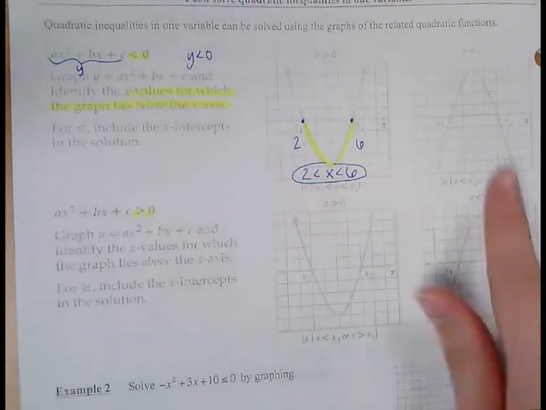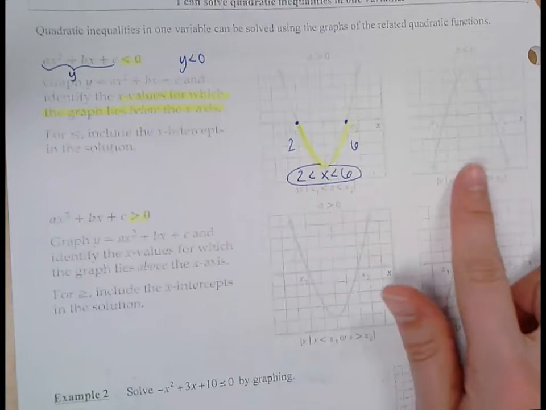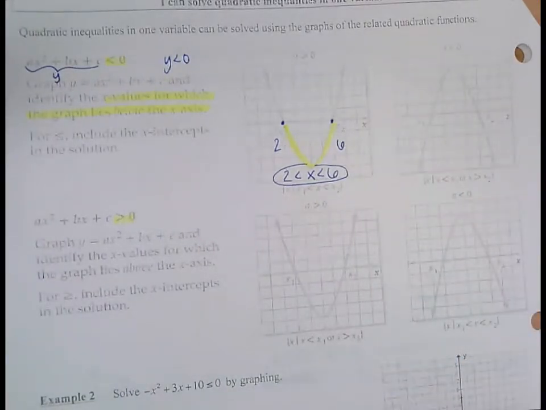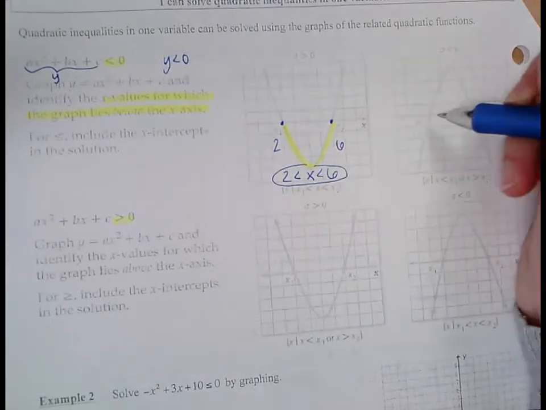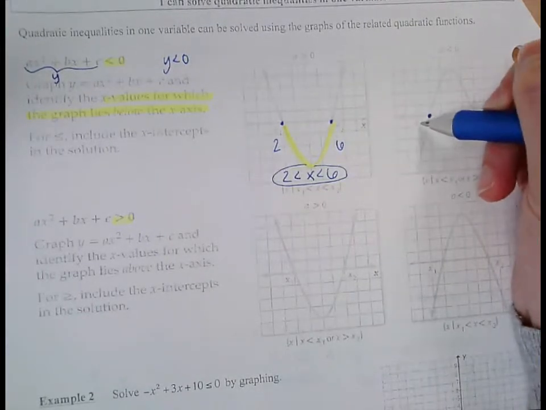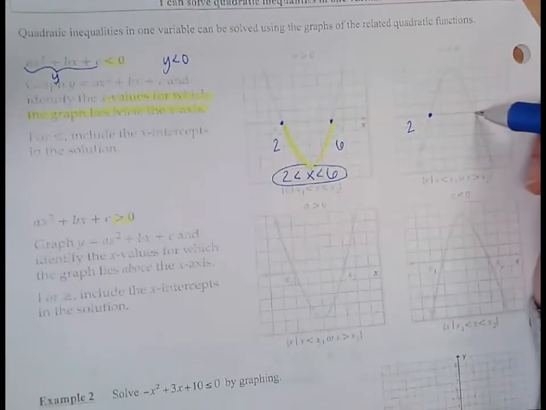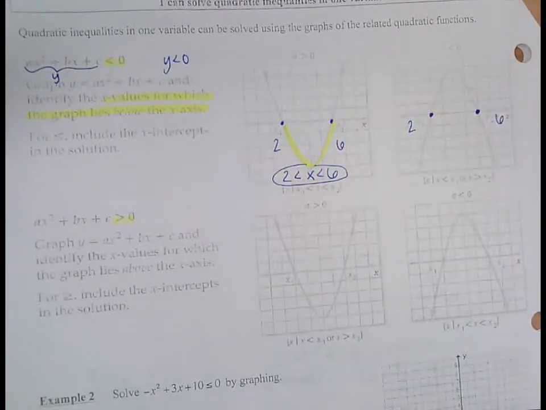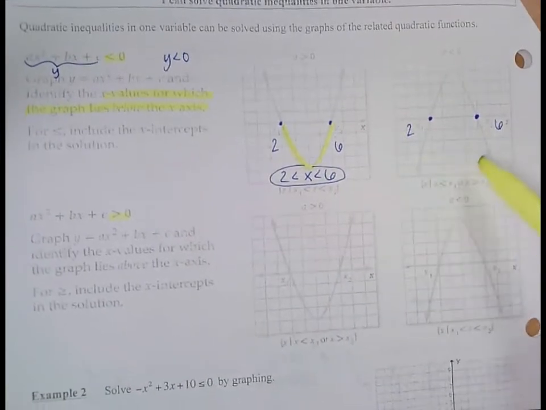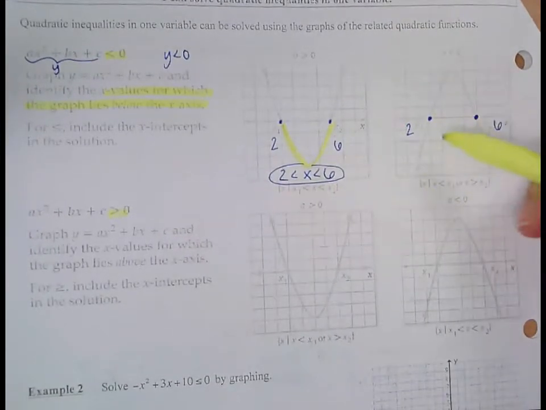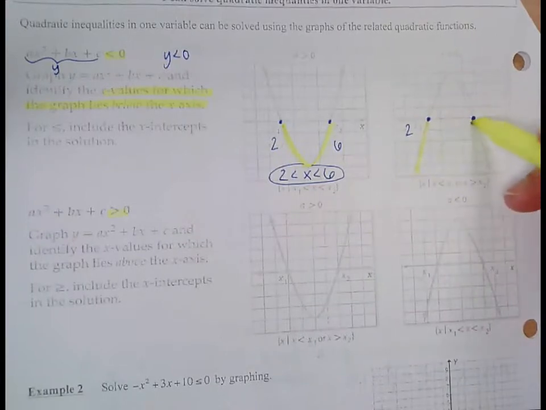So then when the parabola opens down, the solution set looks different because you have a different part of your graph that's below the x-axis. So I'm going to do the same thing. I'm going to call the x-intercept x1. I'm just going to say that's 2. And the x-intercept x sub 2, I'm going to say that's 6. But the part of the graph that's below the x-axis when it opens down are the two ends of the graph.